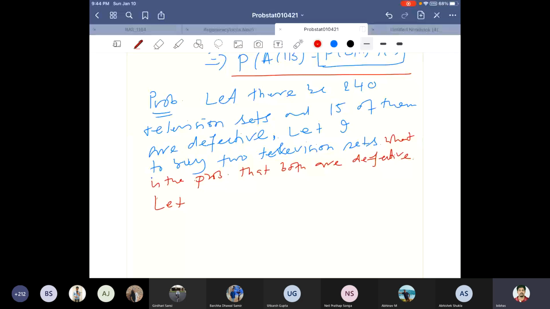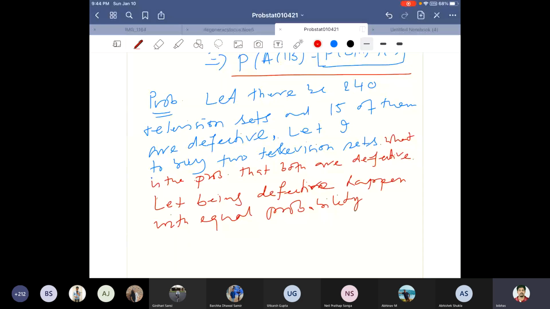Being defective can happen with equal probability. Let us also assume this.